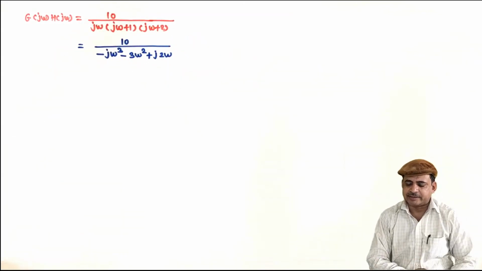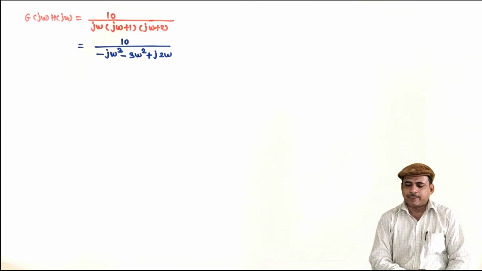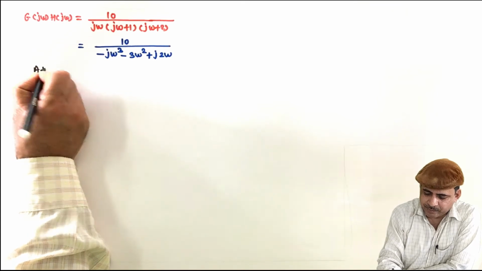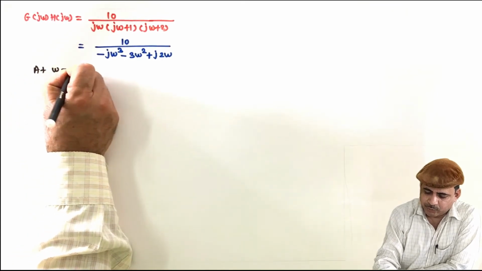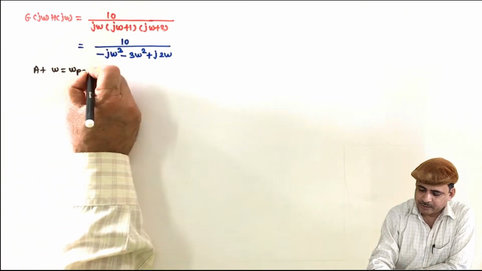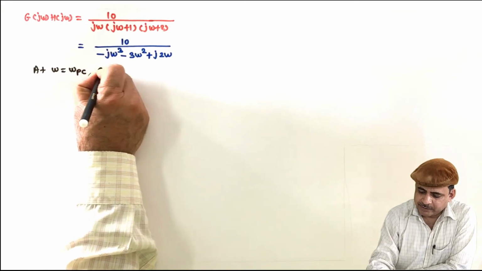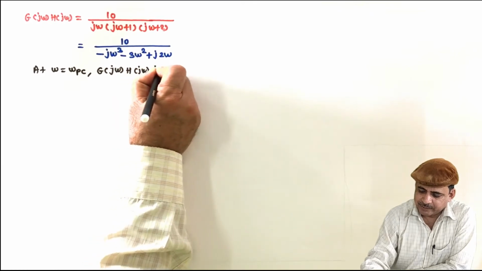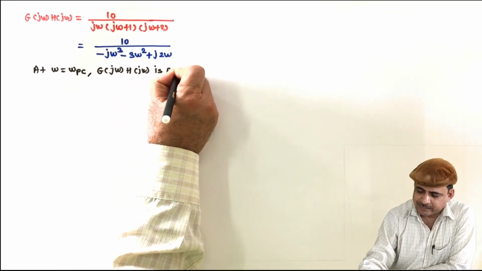Upon expanding, I get this. And now what I say, at omega equal to omega PC, G(j omega)H(j omega) is purely real.